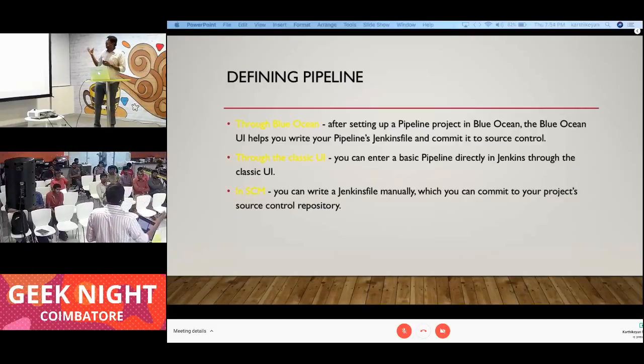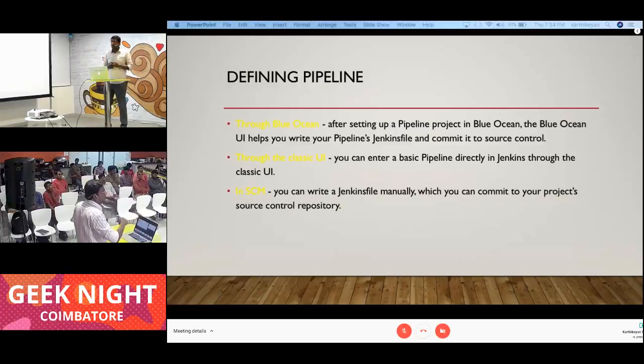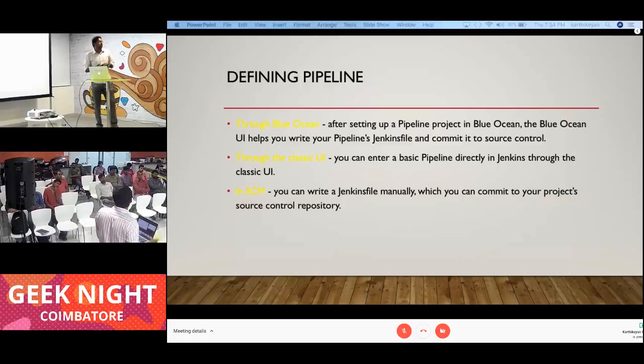But for minimal use, if you haven't used pipeline itself, then to start with, I would say classic UI is the best place because it's easy to learn the pipeline code and syntax and move forward from there. So you might ask, why am I covering classic UI rather than SCM? I mean, why am I saying SCM is good rather than classic UI?